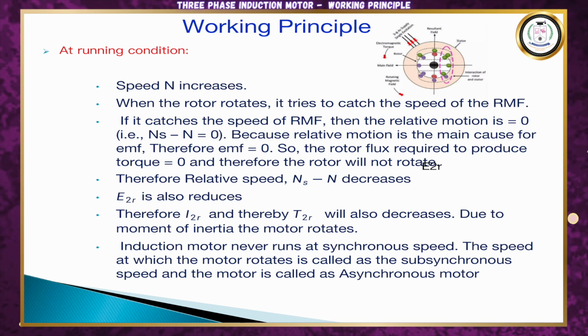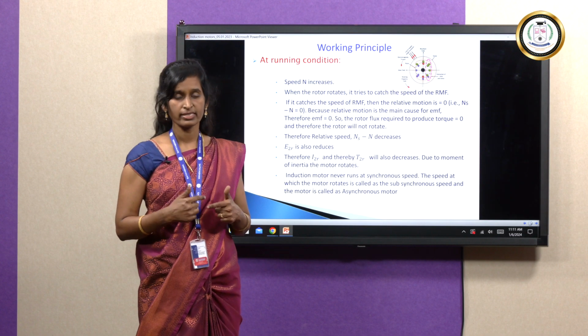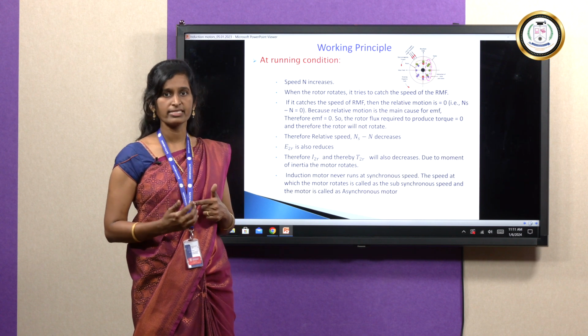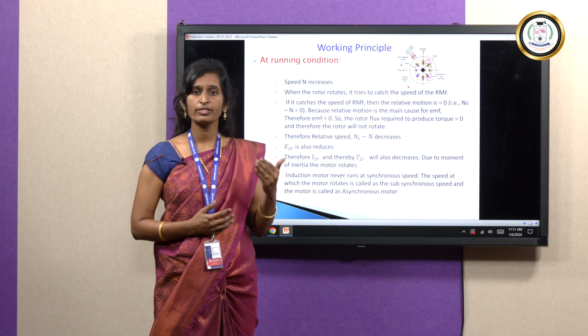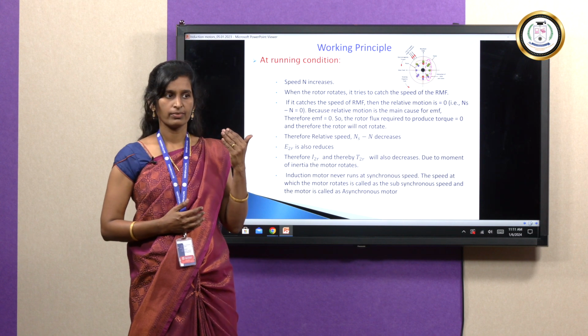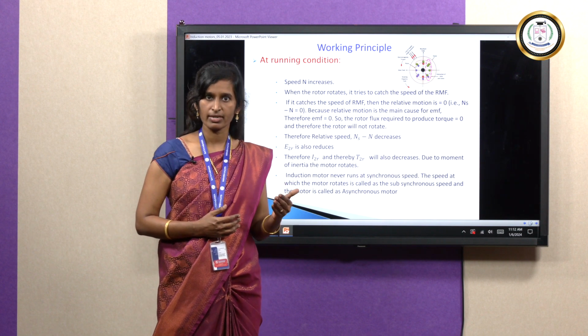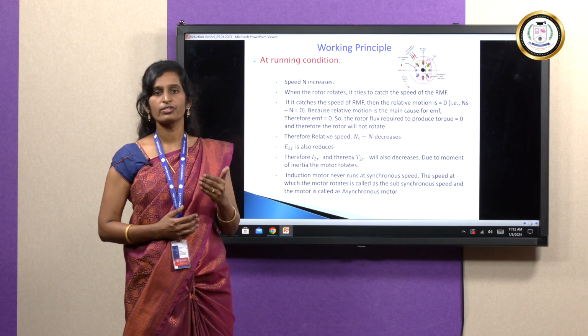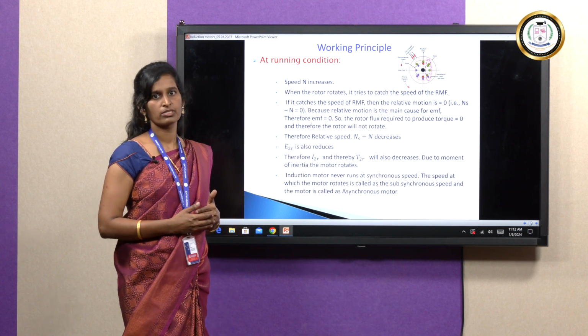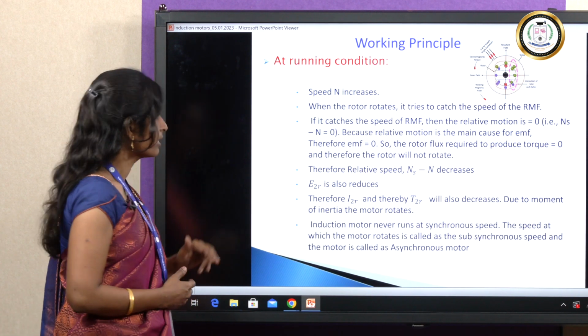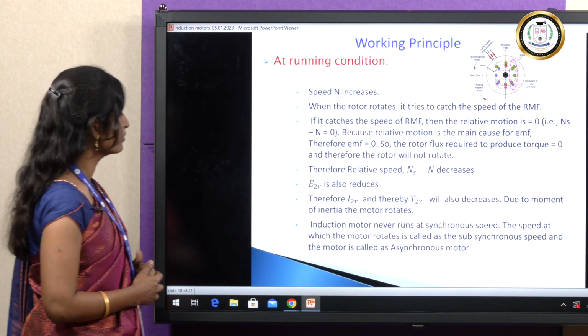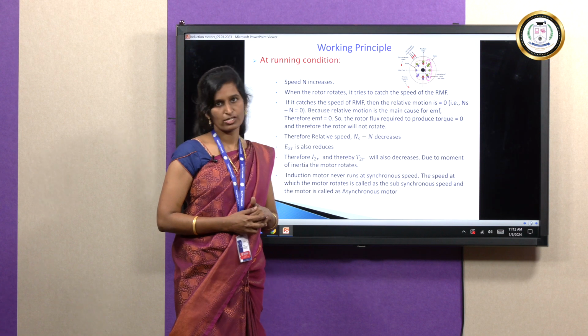Next, we are going to see the running condition of the induction motor. As the motor starts to rotate, the speed picks up and N starts to increase. Therefore, the relative speed between Ns, the synchronous speed of the rotating magnetic field, and N, the speed of the rotor, starts to reduce. If the relative speed is reducing, E2R also reduces.